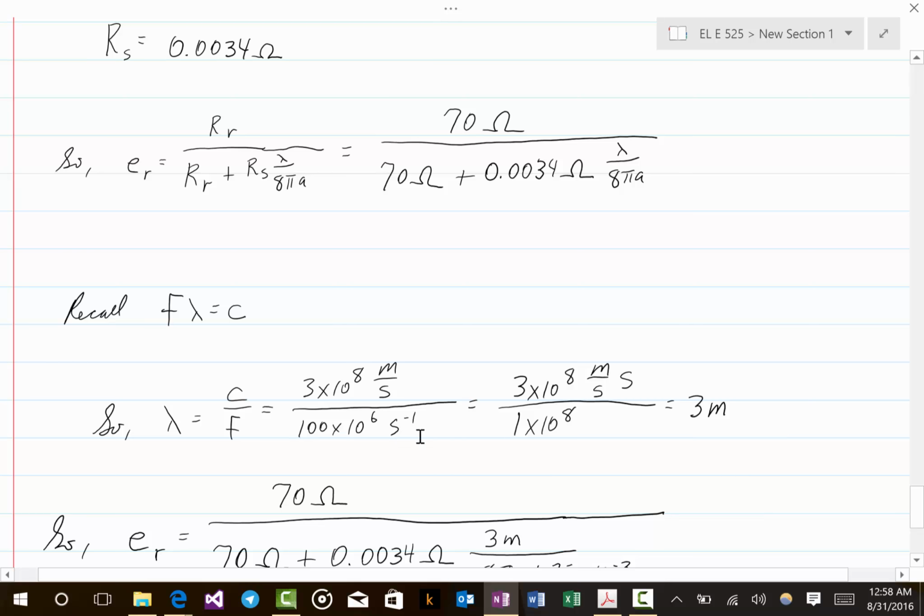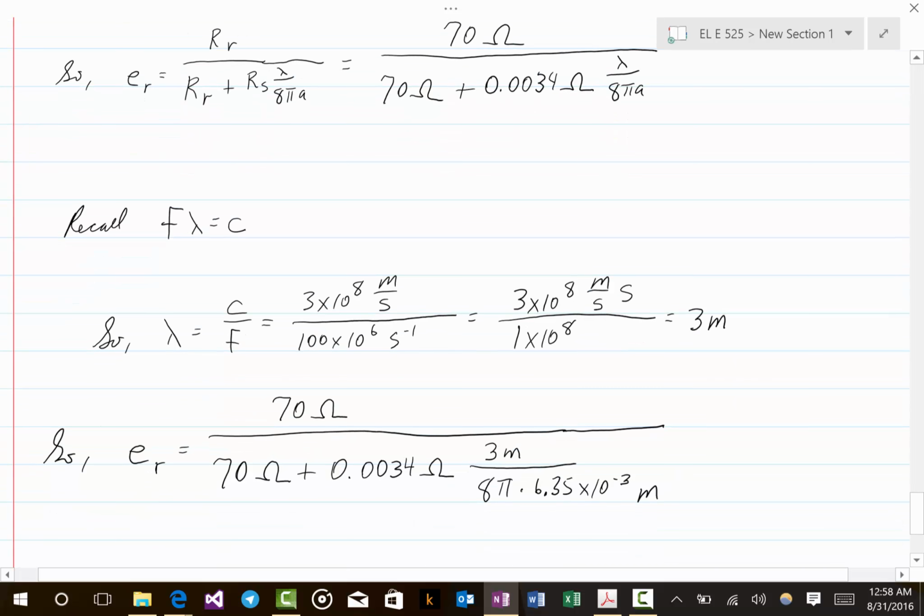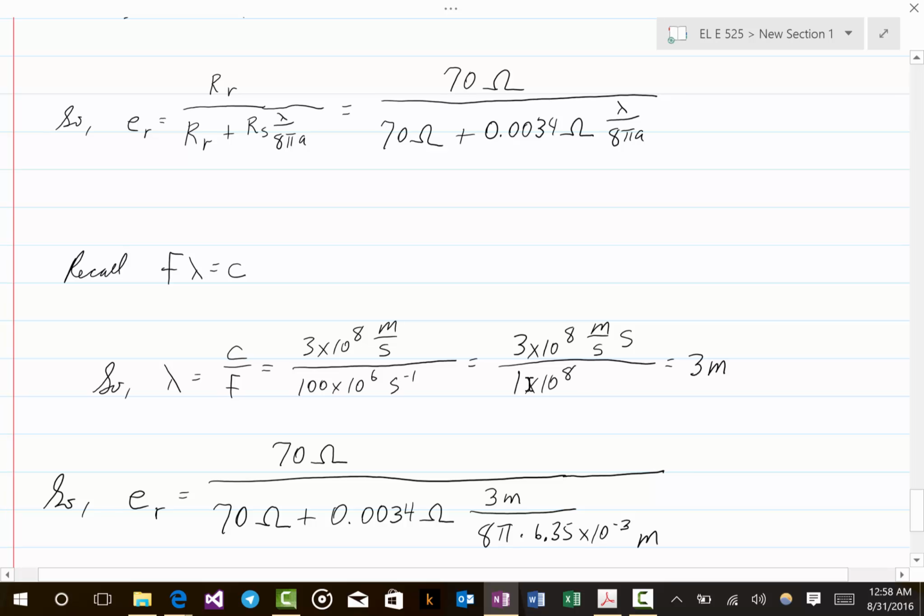Multiply top and bottom by seconds to get rid of this, and we'll have meters per second times seconds, so just meters. And 3 times 10 to the 8th over 100 times 10 to the 6th is the same as 3 times 10 to the 2nd divided by 100, so we have 3 meters. And notice that the dimensions here turn out to be exactly right, because wavelength should of course be a length, and of course 3 meters is a length. So that looks good.